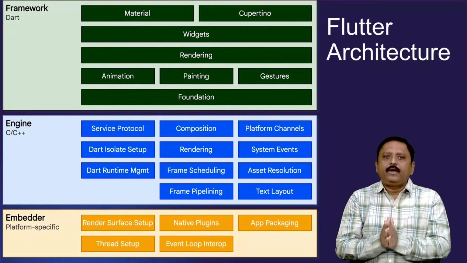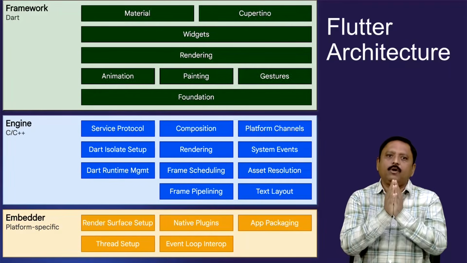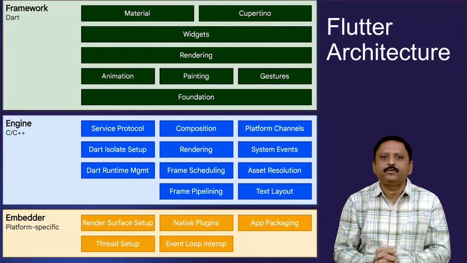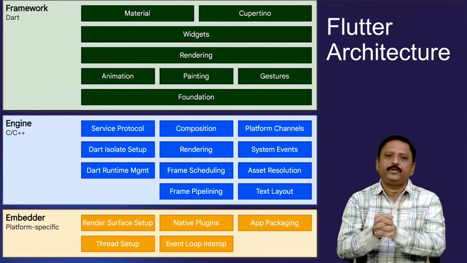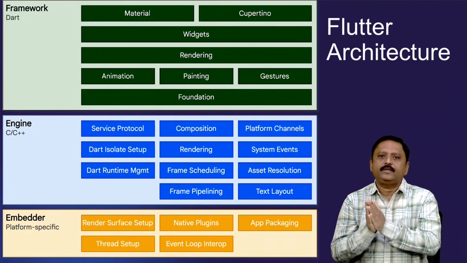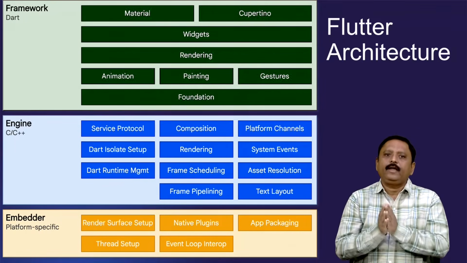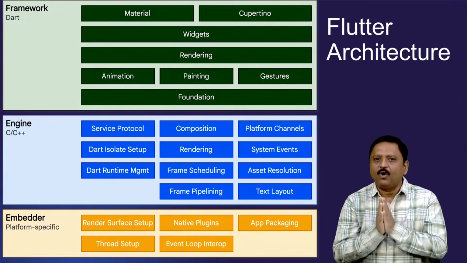Then there are the Material and Cupertino libraries, which offer comprehensive sets of controls that use the widgets layer's composition to implement Material or iOS design languages. The Flutter framework is relatively small.